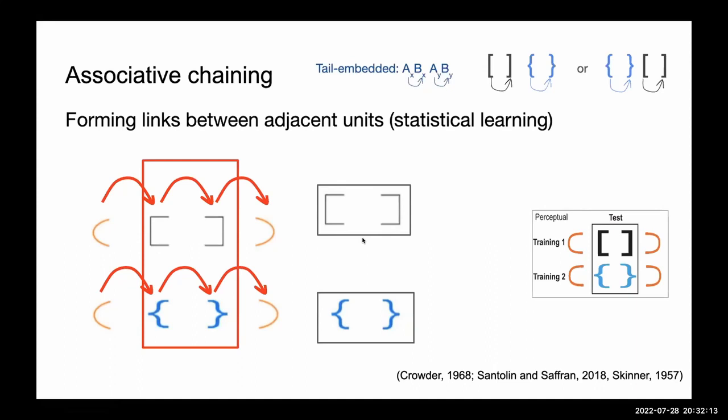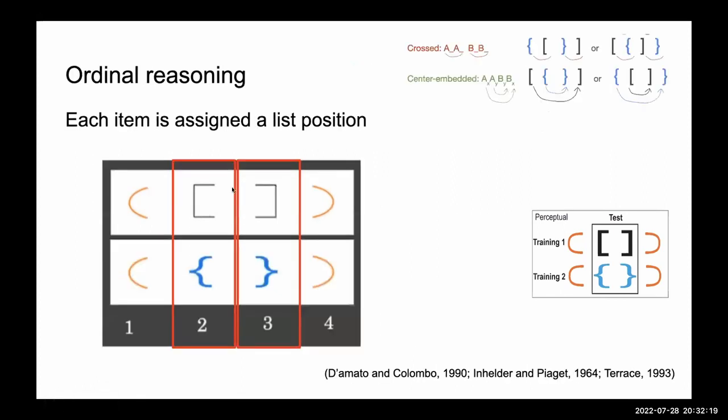Because that's the transition probabilities. That's what you saw during learning. Now, if you were using ordinal knowledge, that would involve each item in the training being assigned a list position, so that you have this one occurring first, this one coming second, this one coming third, this one coming fourth.